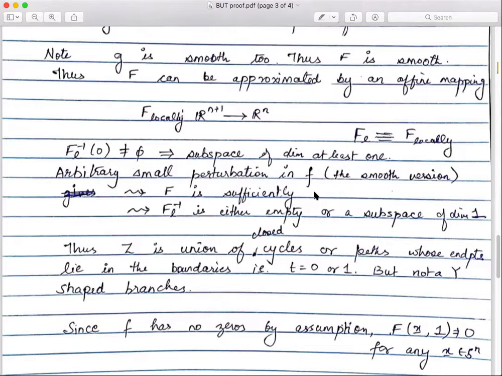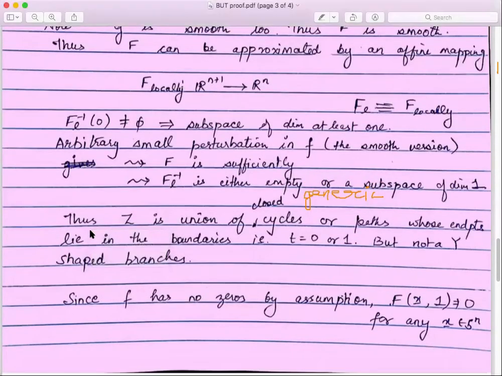I should have written generic here. So f is sufficiently generic, and hence FL inverse of 0 is either empty or is a subspace of dimension 1.